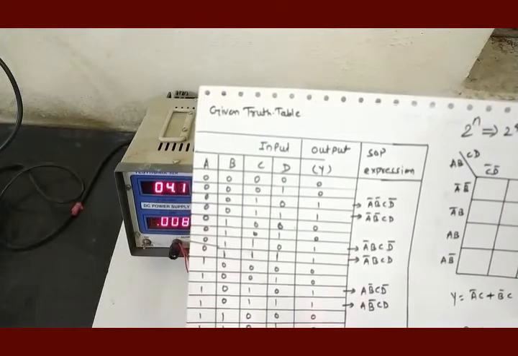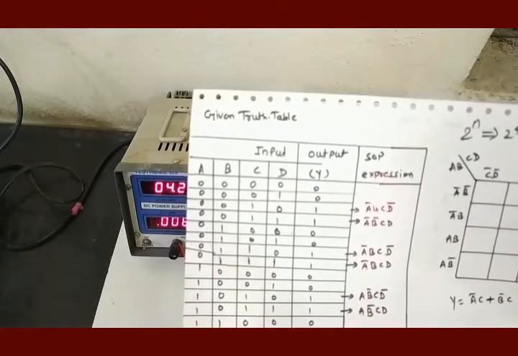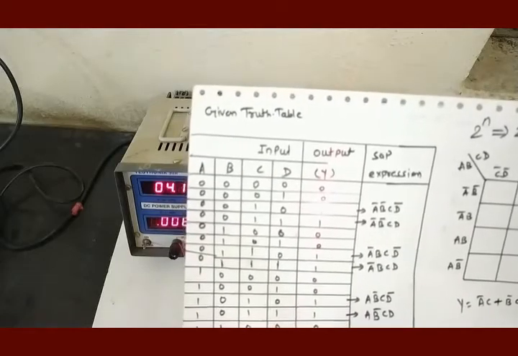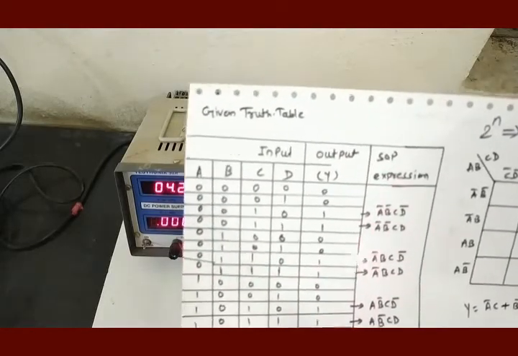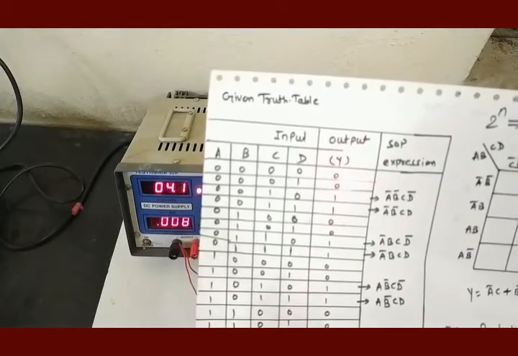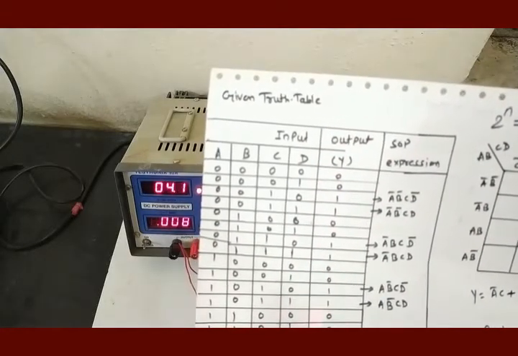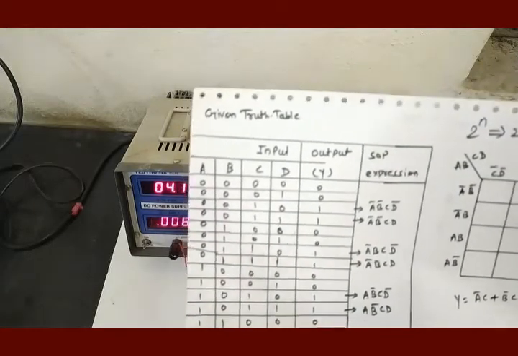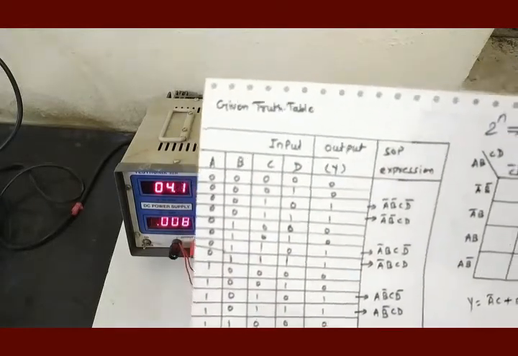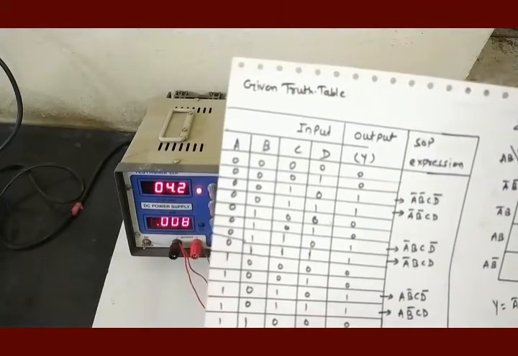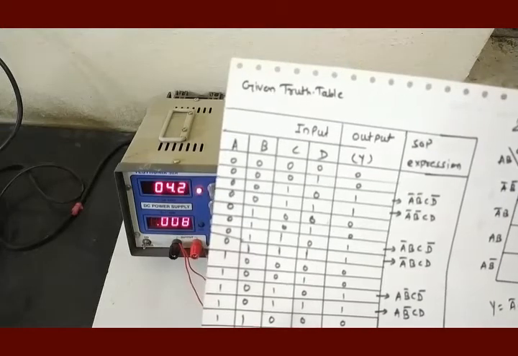After writing all these 16 fundamental products, the fundamental products are written for the output. Actually, whenever 0 appears in the output, you are not required to write the fundamental product for the 0 output, because we are interested in output 1. Whenever output is 1, we want to see it.